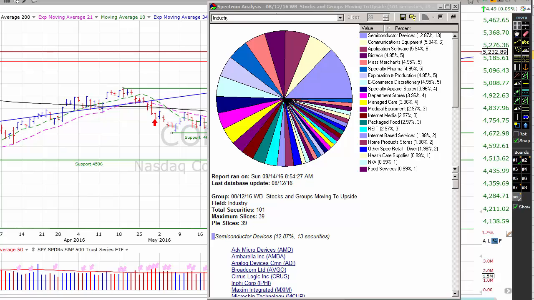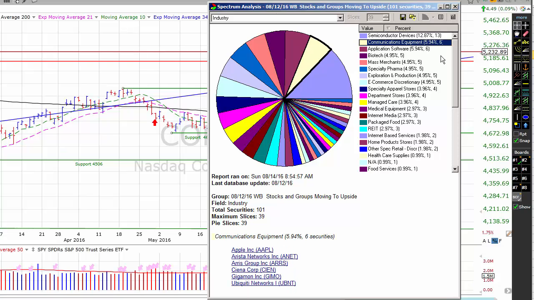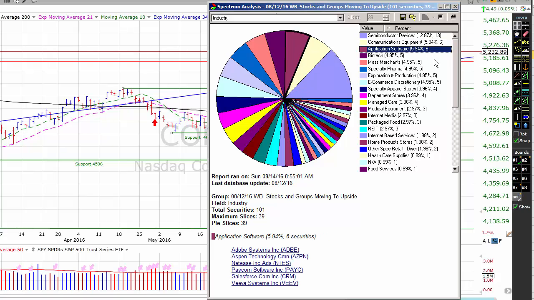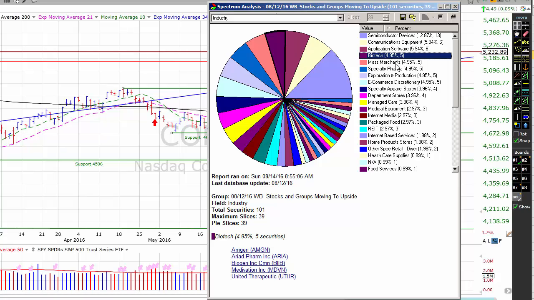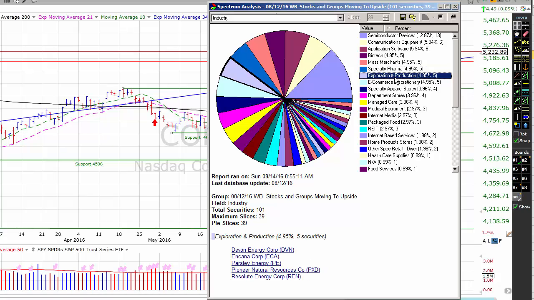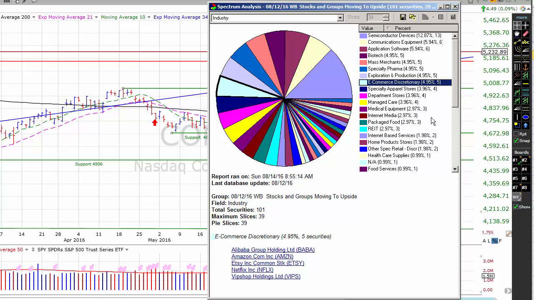Yesterday, of the 100 most powerful stocks in the most powerful industry groups, 13 came from semiconductor devices, 6 from communications equipment, 6 from application software, 5 from biotech, and rounding out the top 5, we had mass merchants, specialty pharmaceutical, exploration and production, and e-commerce discretionary, all with 5 stocks each in the 100 most powerful stocks in the most powerful industry groups.